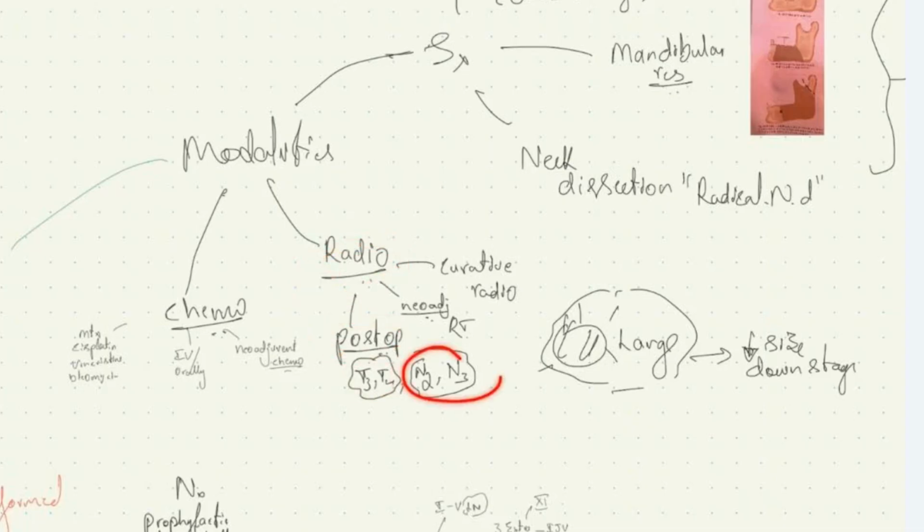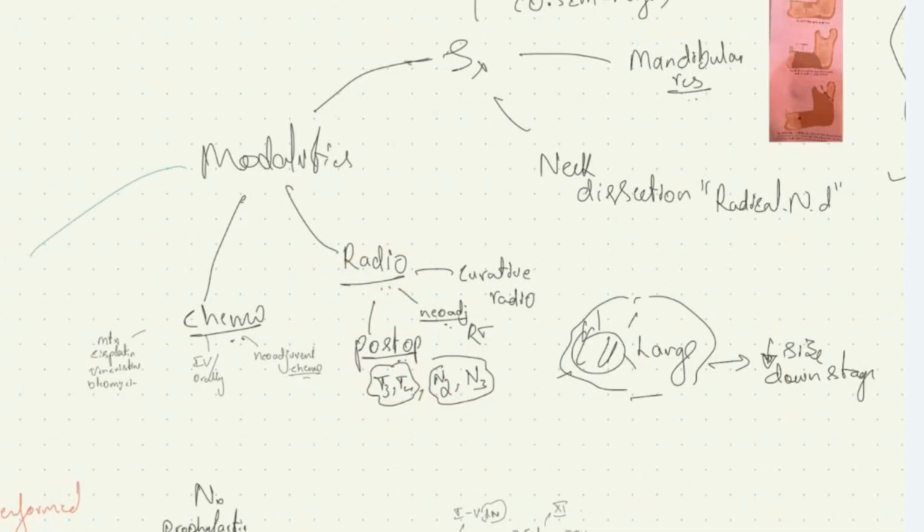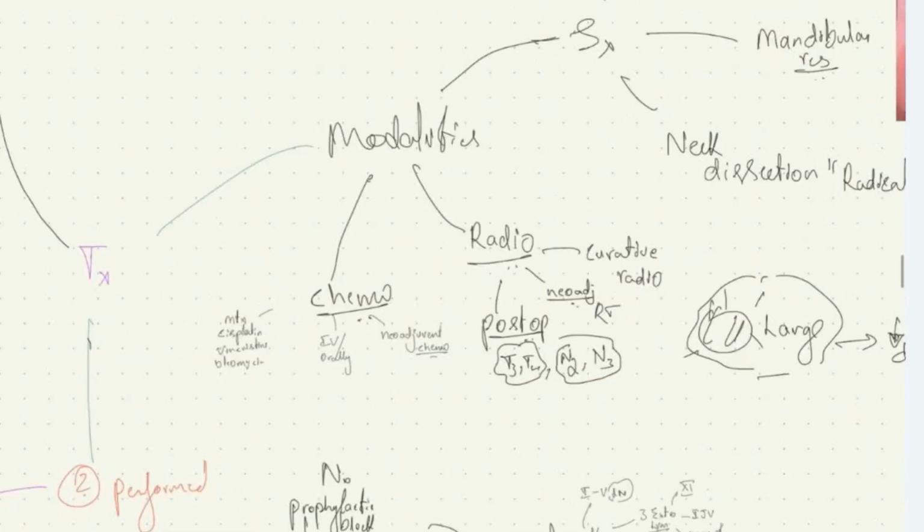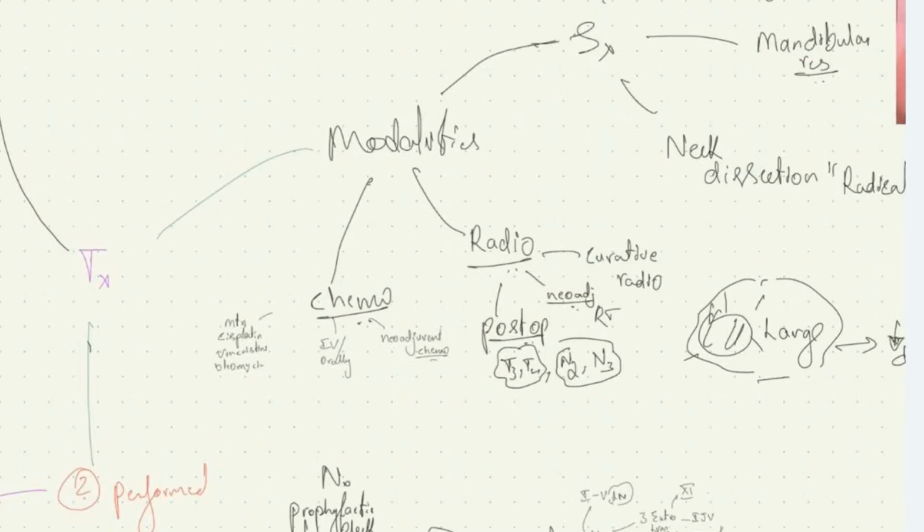For chemotherapy, we can give neoadjuvant chemotherapy where we downsize the tumor, or we give chemotherapy IV and orally after surgery. We can use methotrexate, cisplatin, vincristine, and bleomycin as the chemotherapeutic agents.